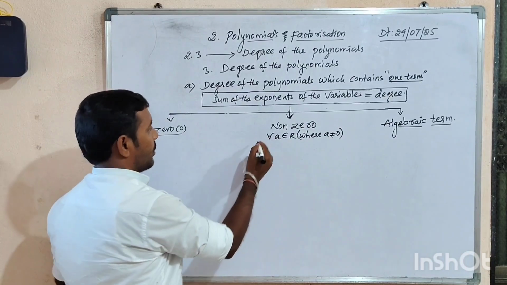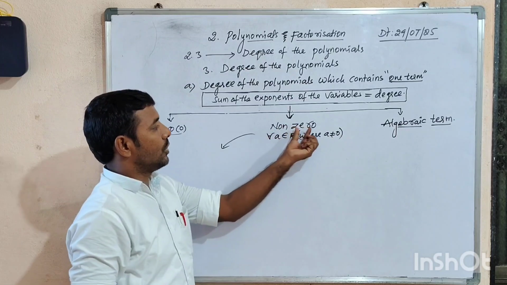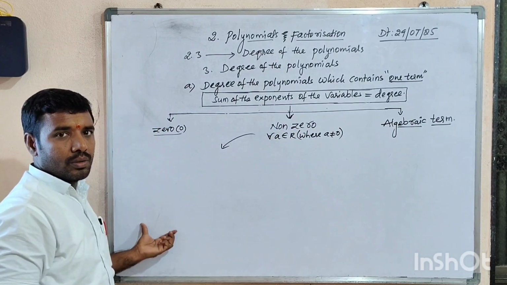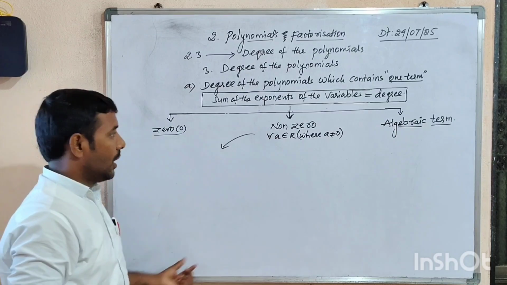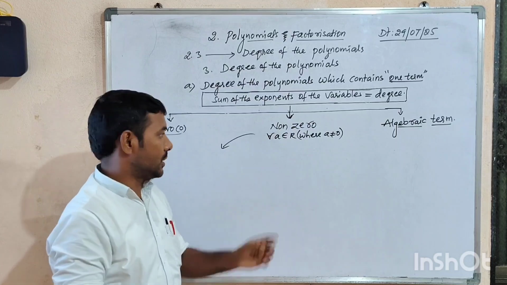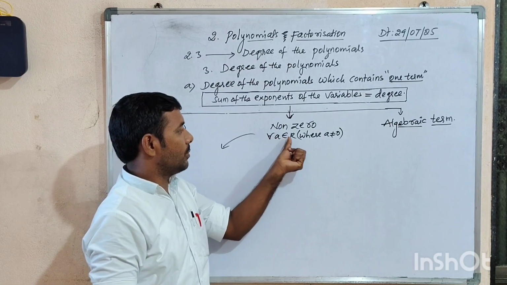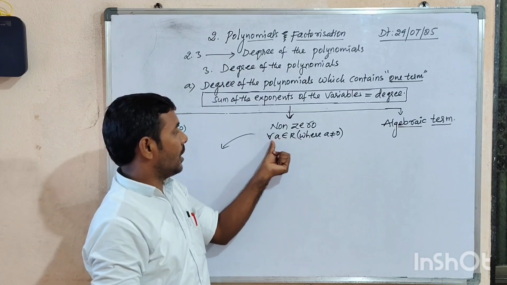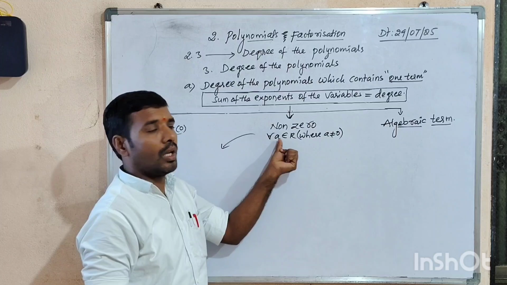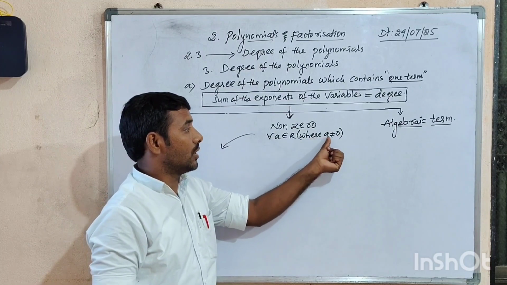Okay, let us see the second topic. What is the second topic? Non-zero. In a sense, the 0 work is already completed. Let us think about non-zero. For all a belongs to R, a is one of the real numbers, but the condition is that a is not equal to 0.